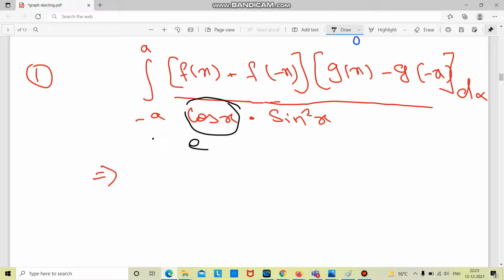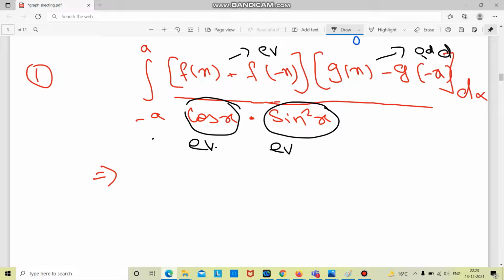As we know, cos is an even function, sine square x is an even function, f(x) plus f(minus x) is also an even function, g(x) minus g(minus x) is an odd function. So altogether it is an odd function, and the integration of an odd function from minus a to a is 0. So the answer to the problem is 0.